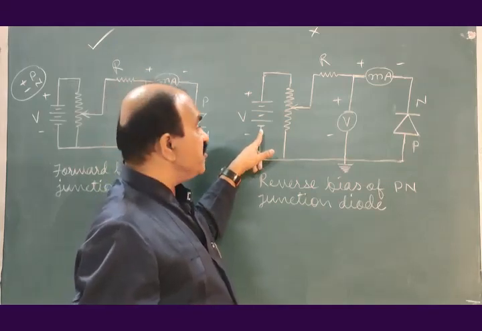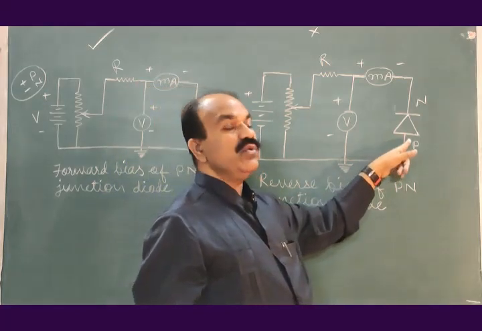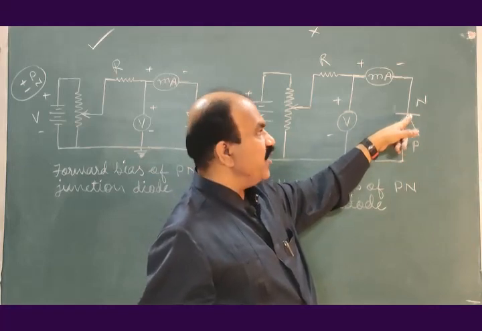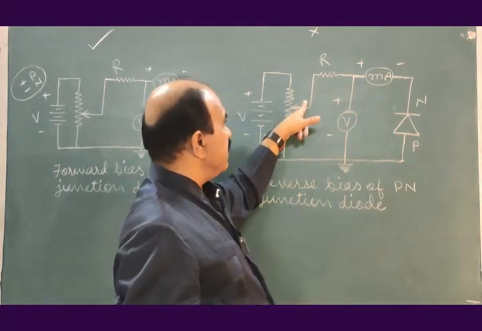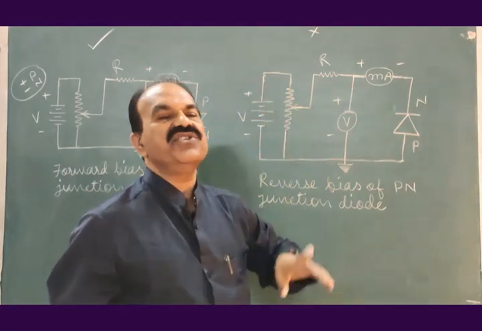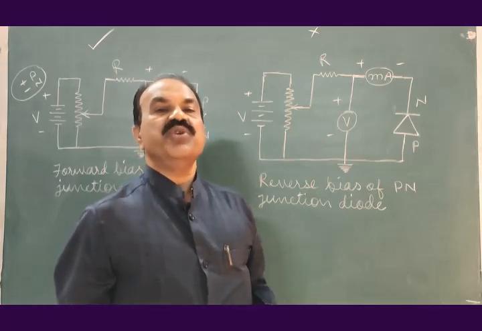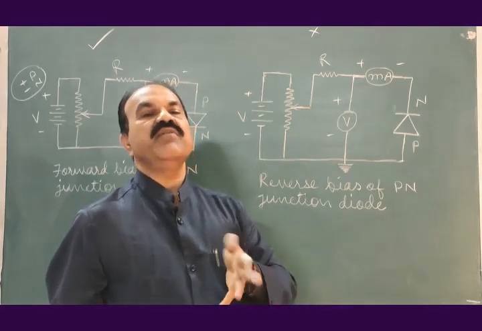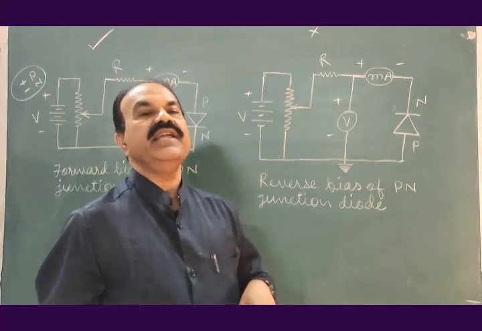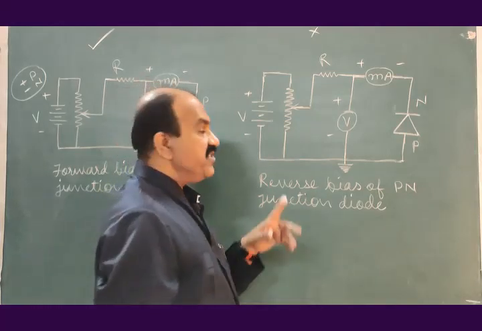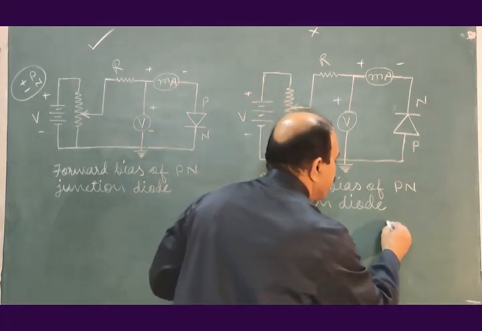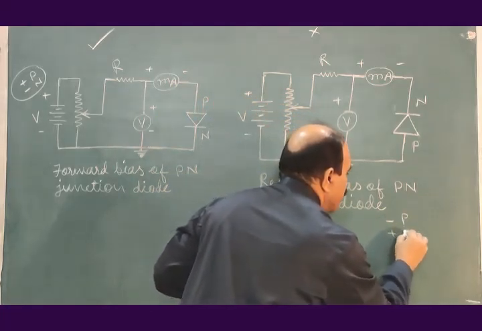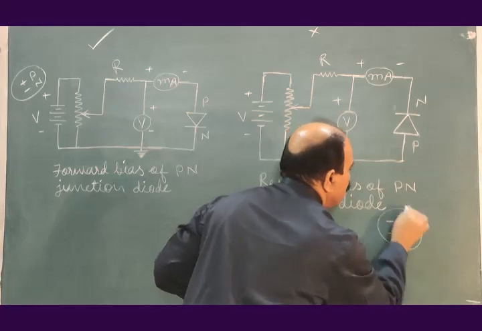That is, negative potential is given to the P type semiconductor and the N type semiconductor is connected to the positive terminal of the battery. That is, in reverse bias, negative potential is given to P, positive potential is given to N.